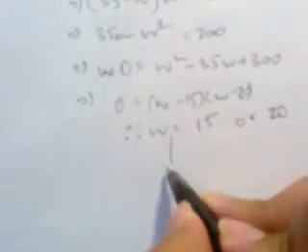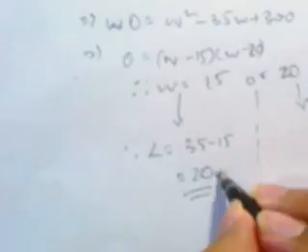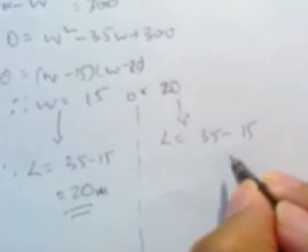So we're going to have two cases here. If W equals 15, therefore L equals 35 minus 15, which is 20. And over here, if W equals 20, L equals 35 minus 20, which is 15.